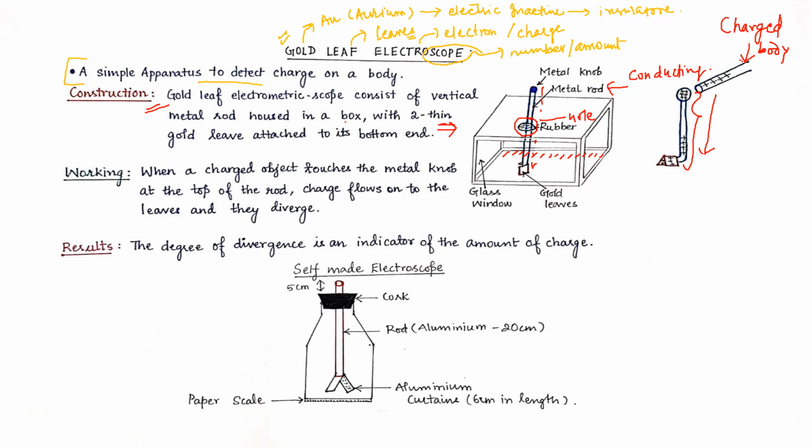Along this rod down, the electrons need to move in order to show the effect on the gold leaf, so for providing proper movement to electrons, this rod should be conducting in nature.